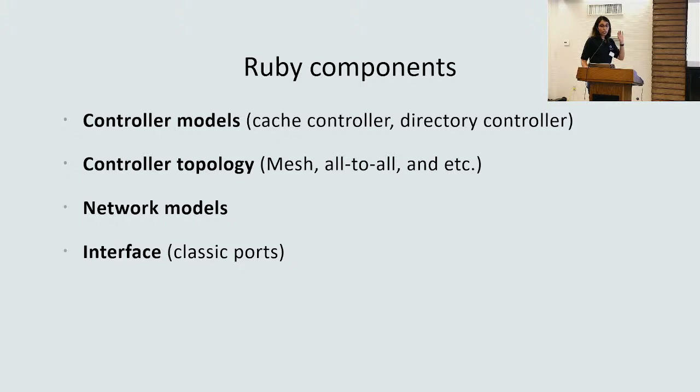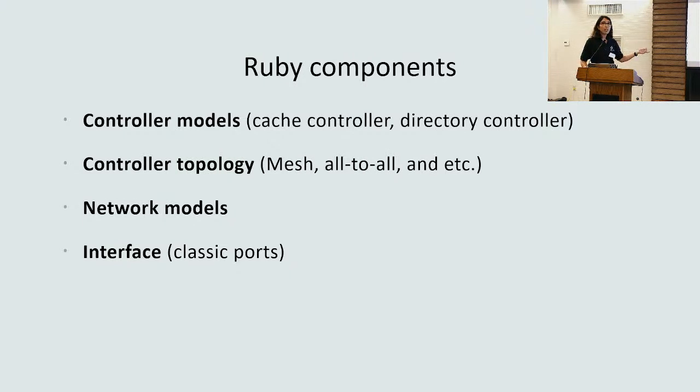So I can characterize Ruby for you in four ways. It has a definition for your controller models and your coherency protocols. It has a topology, basically, like I mentioned, how these controllers are connected together.